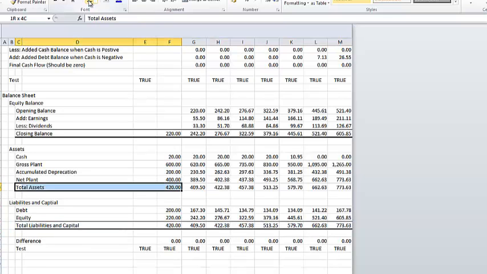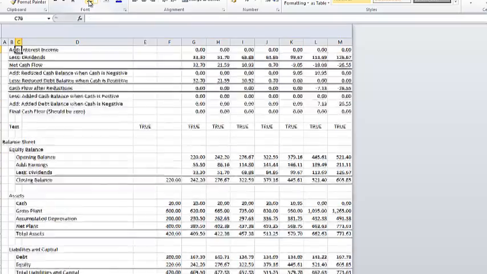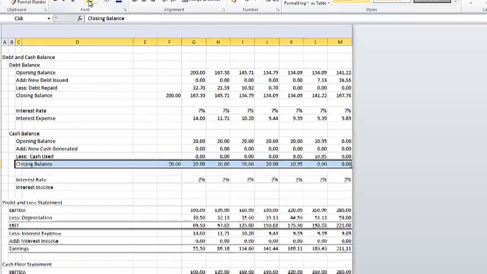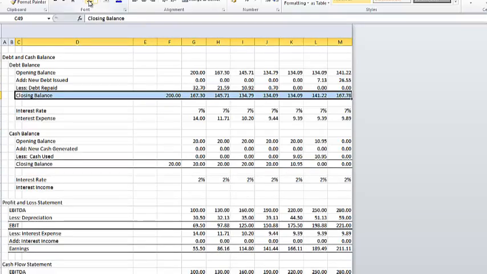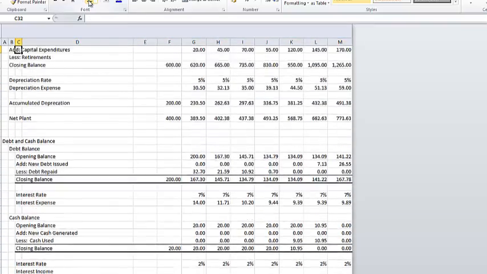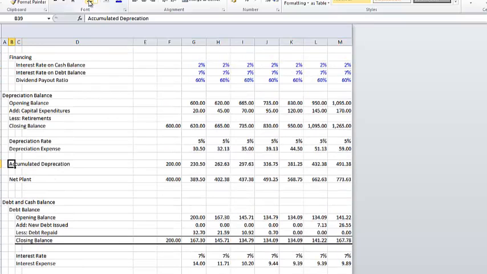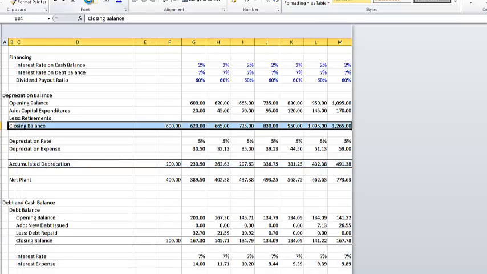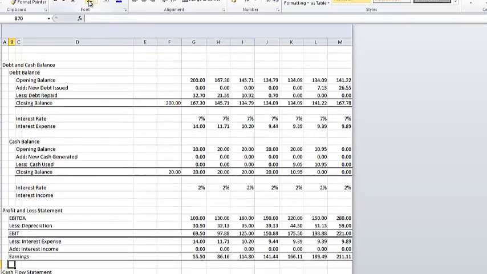Of course, our balance sheet has to balance, but the key point is all of these balances come from various closing balances. We had the closing cash balance, and all the starting point is our balance sheet. I suppose I'll put our accumulated depreciation, and we have all those balances.